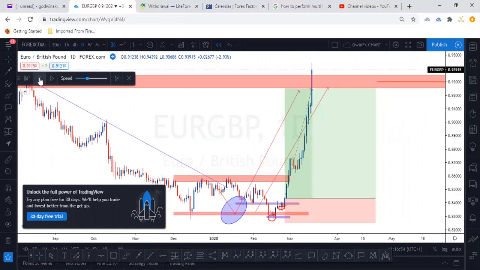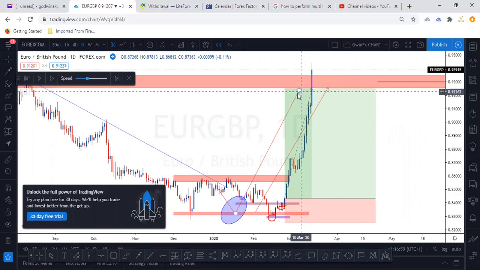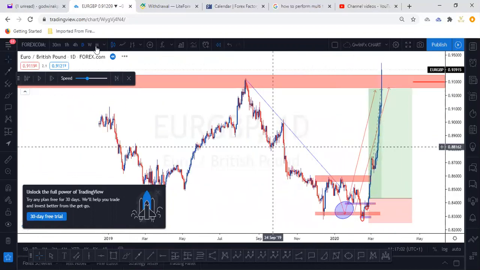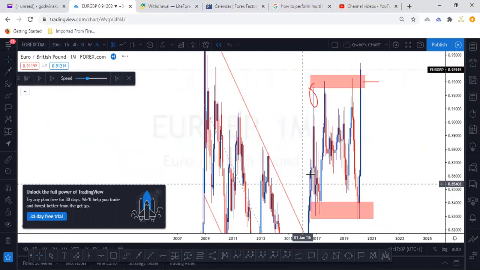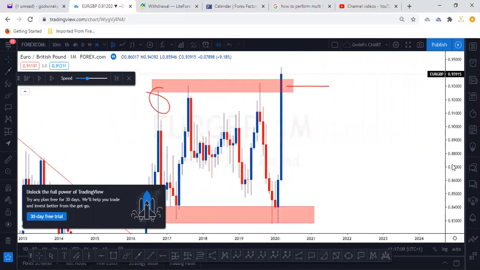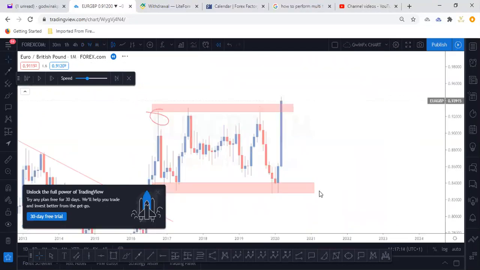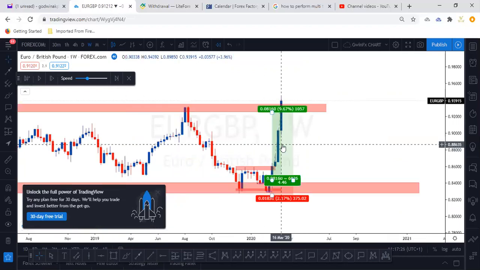Okay, wow. So that was awesome, and you could see how price came back into this structure. But on a monthly, we hit our target. We hit our target on a monthly, and immediately we were able to hit that target on a monthly basis.